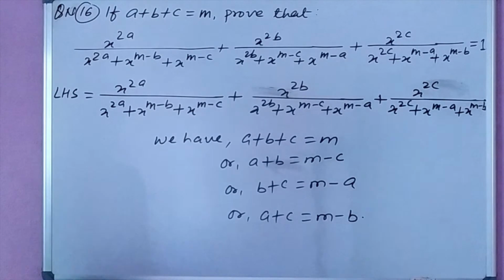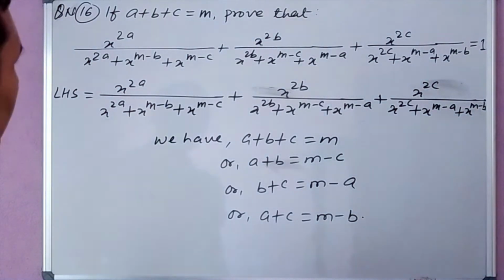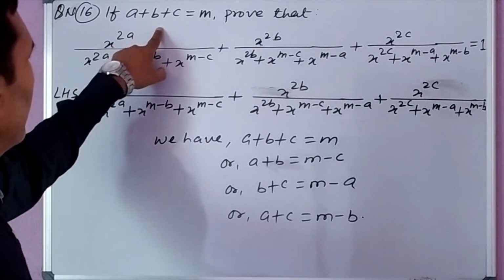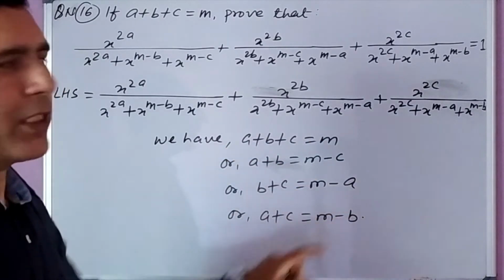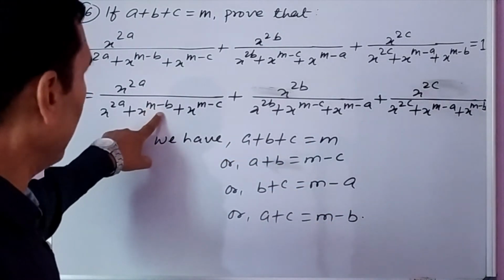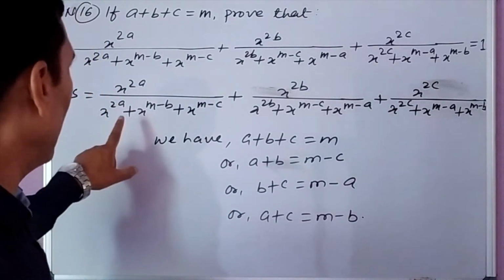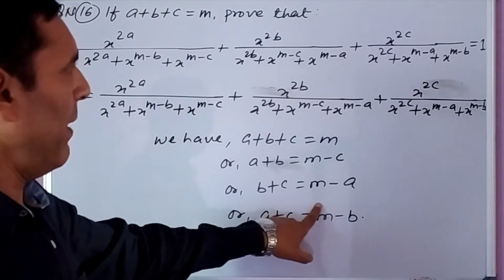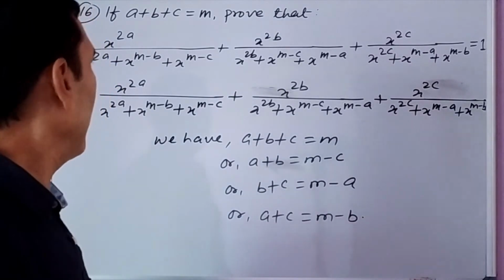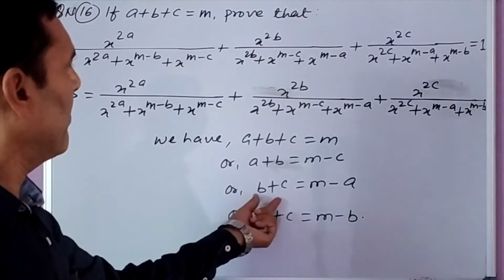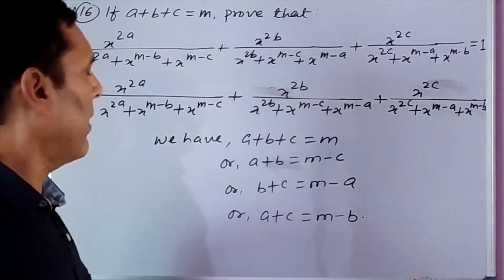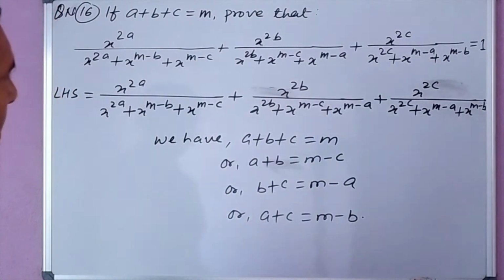We can use this given condition a plus b plus c is equal to m in this form, where there is m minus b we write a plus c, where there is m minus a we write b plus c, and where there is m minus c we write a plus b.